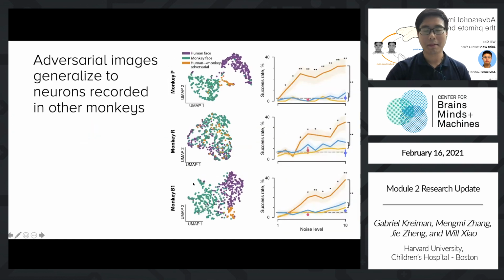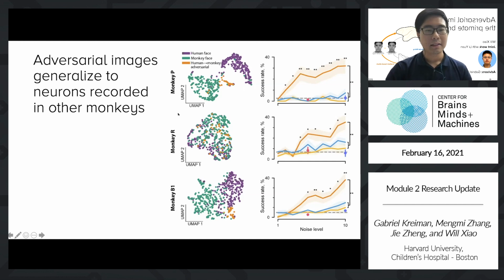We tested the same images on 2 other monkeys, and these are the results. Gray box images in all cases were consistently more effective than the other attack methods. And interestingly, they achieved about the same success rate at the highest noise level, despite being tested on different monkeys using a model based on responses just from the first monkey.